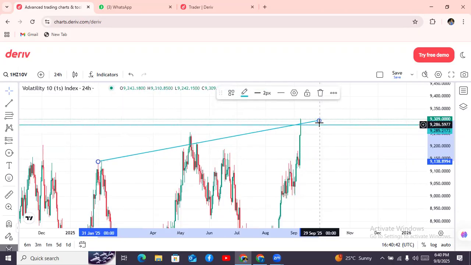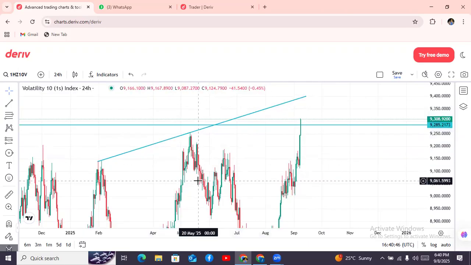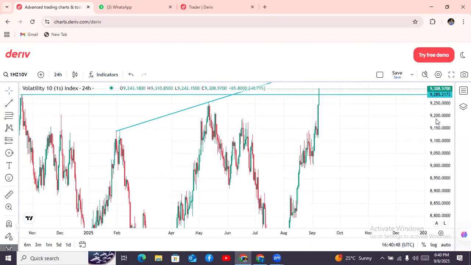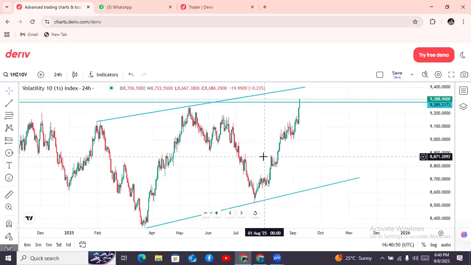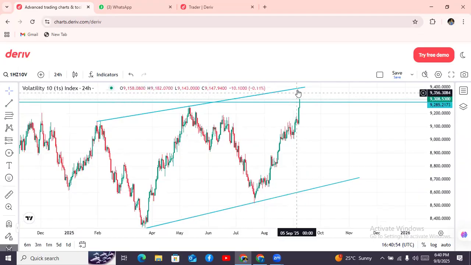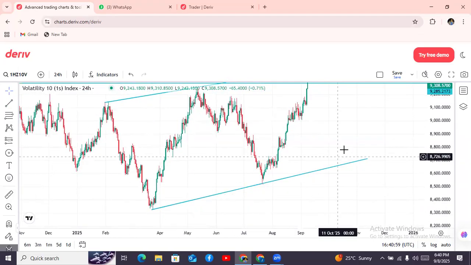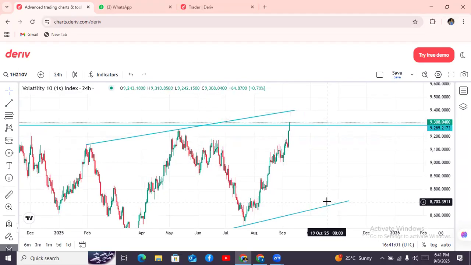So we are likely to wait for price to come there. Then we have a first touch, second touch, looking for the third touch, and then we have a first touch, a second touch, waiting for a third touch.